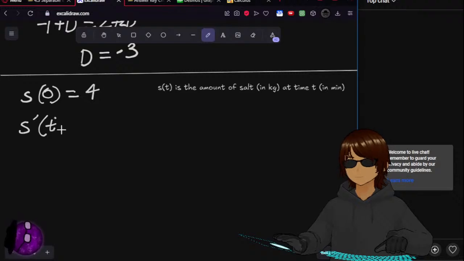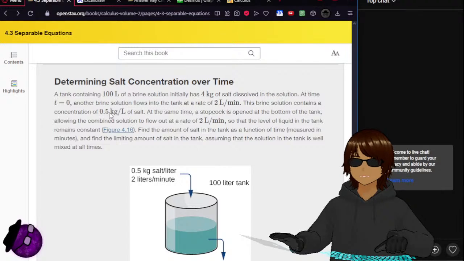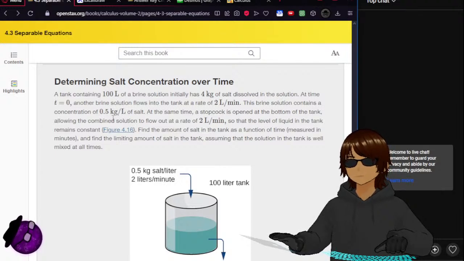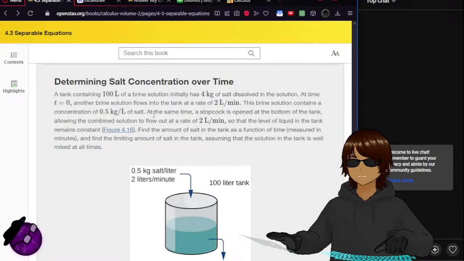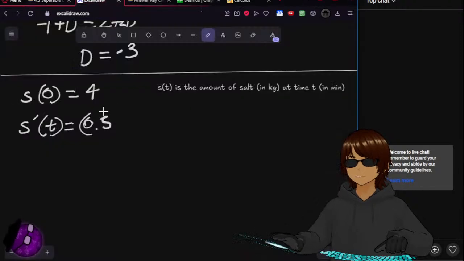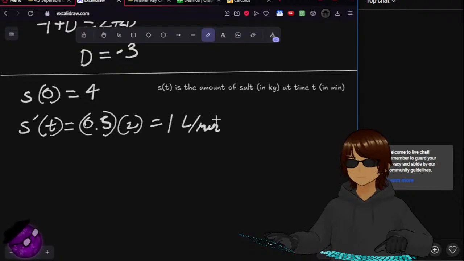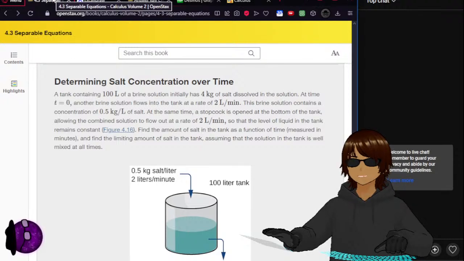The derivative, like how much salt is being added, 0.5 kg per liter, times 2 liters per minute, which is 1 kg per minute. And this is constant.